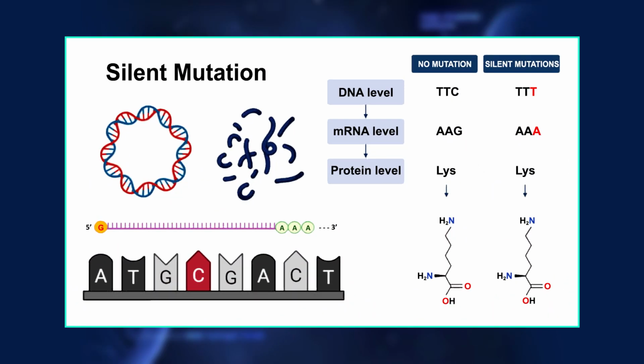There are various forms of mutations that can occur in coding regions. One form is silent mutations, in which a change in nucleotide does not result in any change in amino acid after transcription and translation.